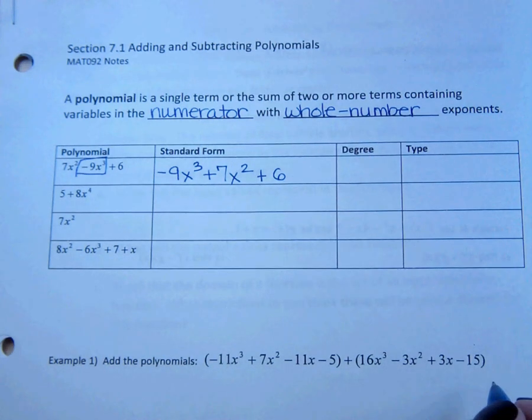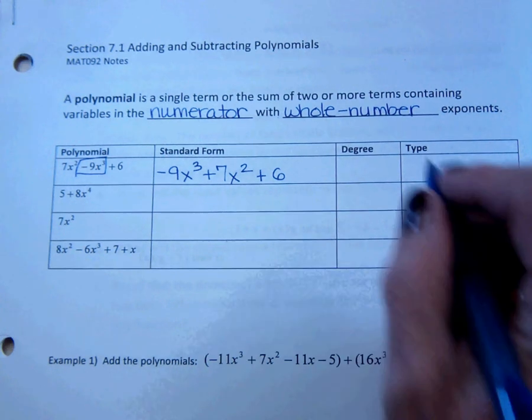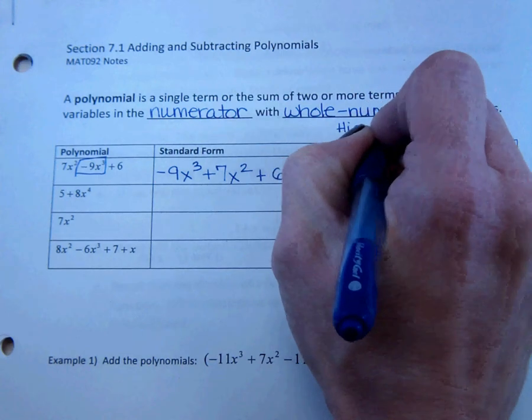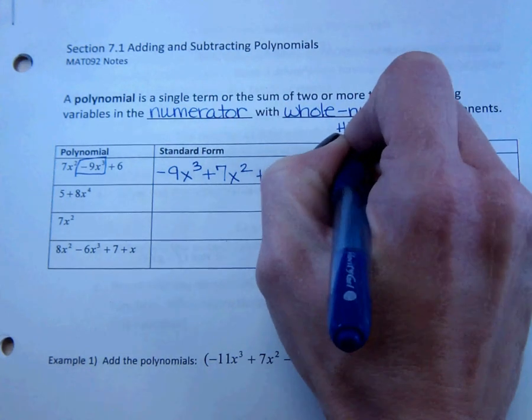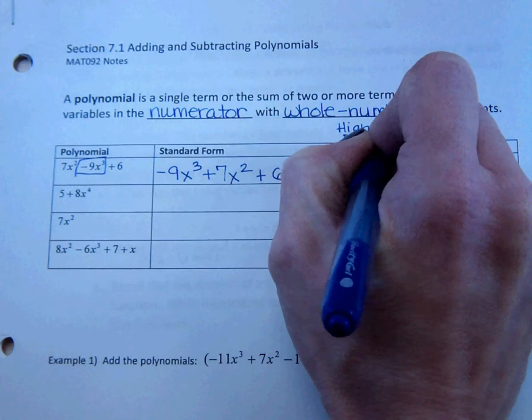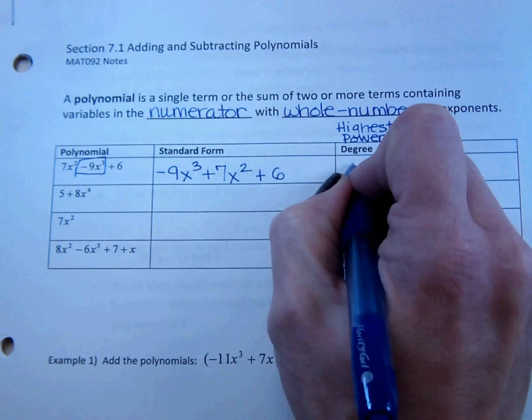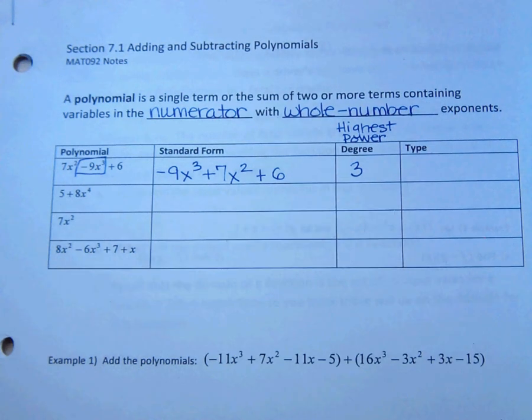The degree of the polynomial is the highest power on the variable. So in this case, the degree of the polynomial is 3.